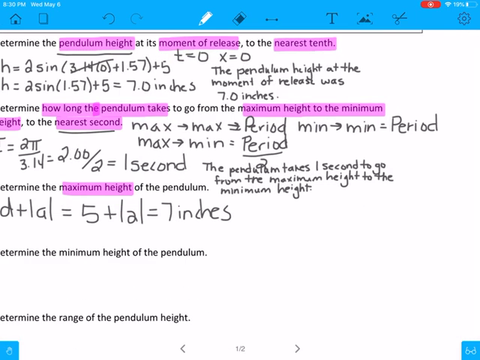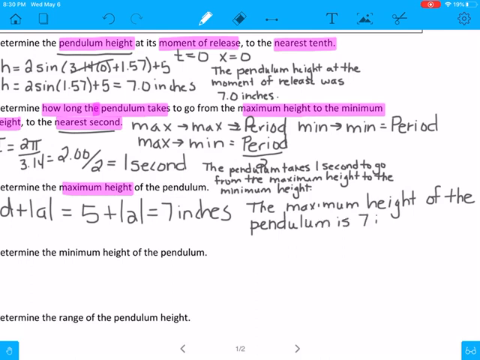So the maximum height of the pendulum is 7 inches.